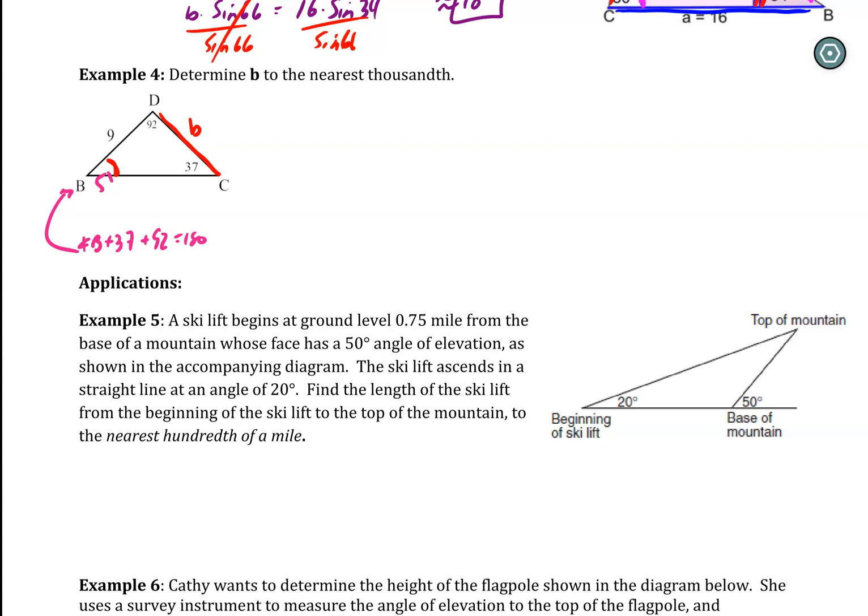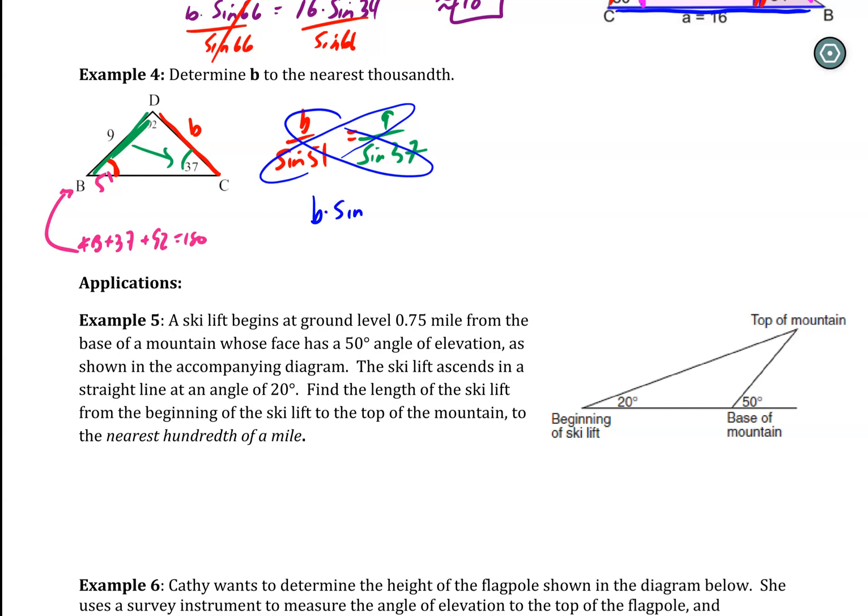So now I can say b over the sine of 51 has to equal, and I have this side, so I want to use this angle, 9 over sine of 37. Now I can cross multiply and solve.